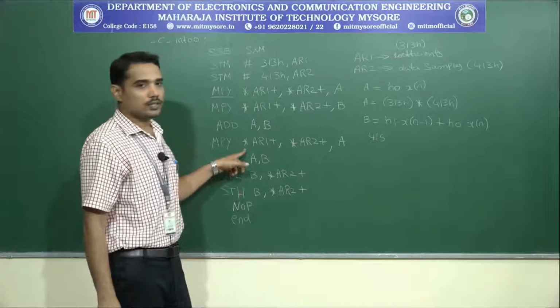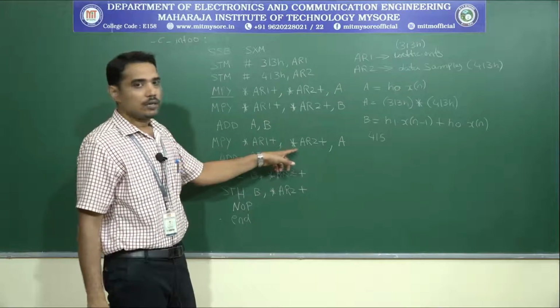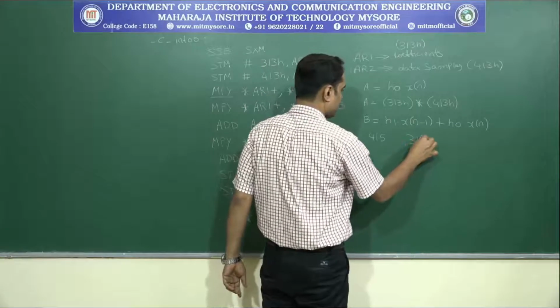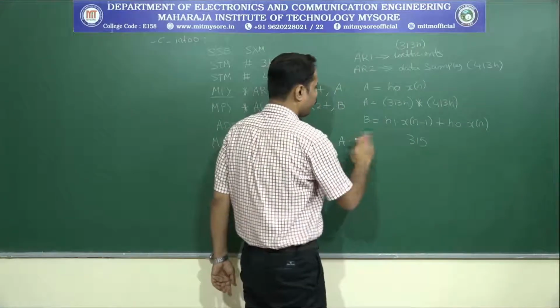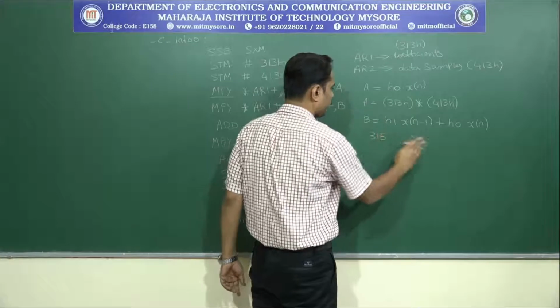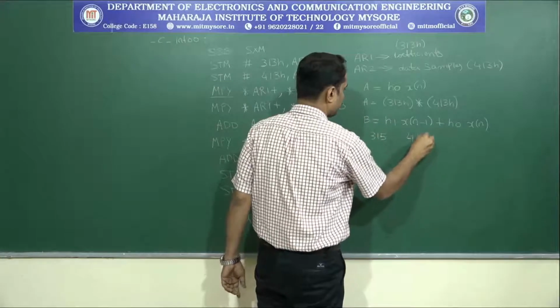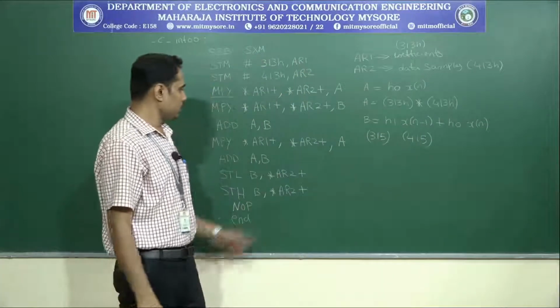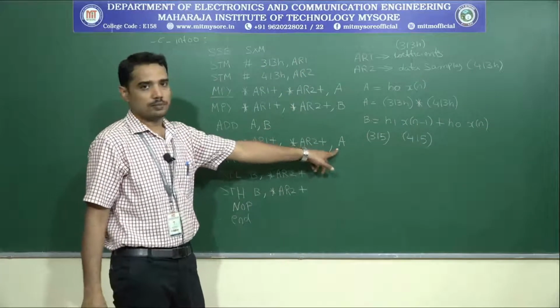Now the contents of 415H will be multiplied with the contents of 315H, 315 with 415. Now these two contents are multiplied and stored in the accumulator B.